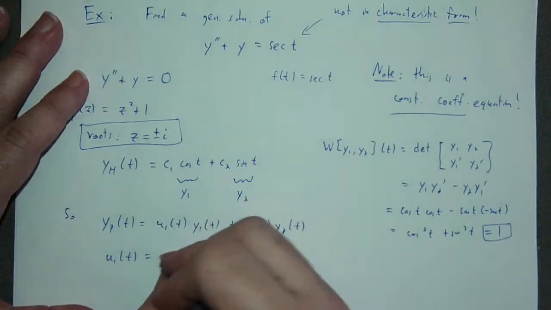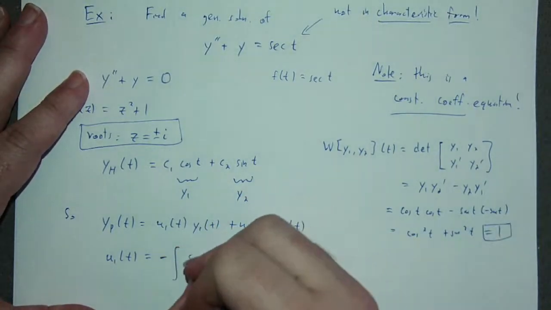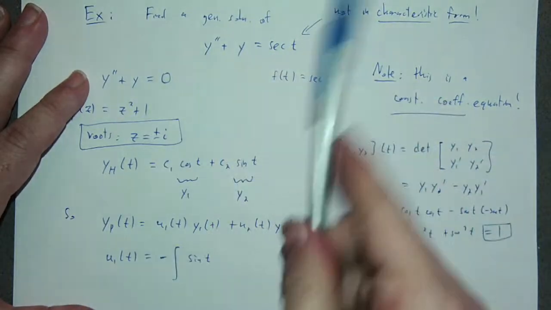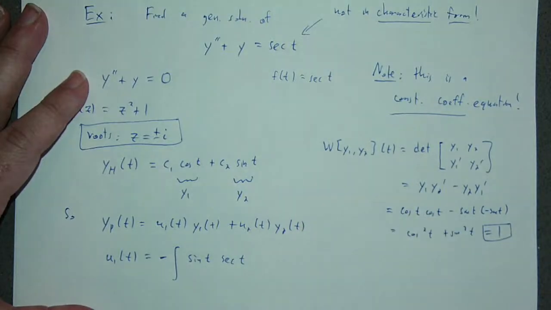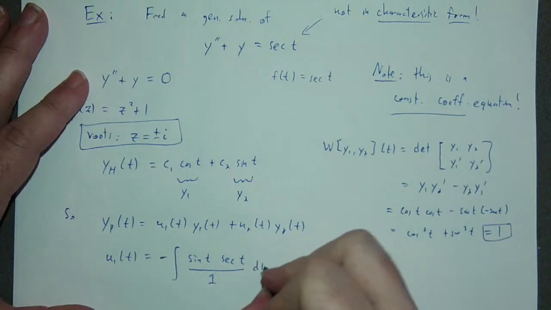So this is minus the integral of y2, which is sine t, times f of t, which is secant t, right, over the Wronskian, which is 1, dt.